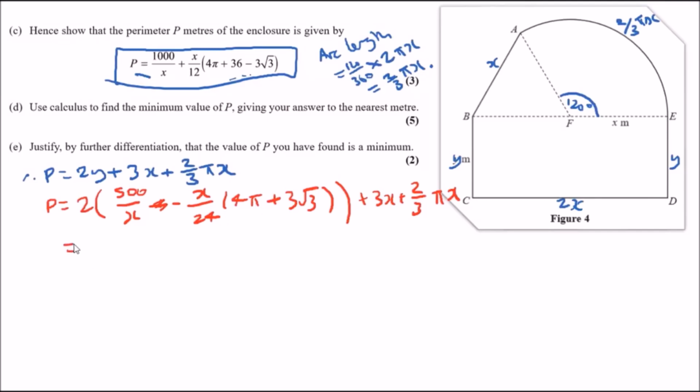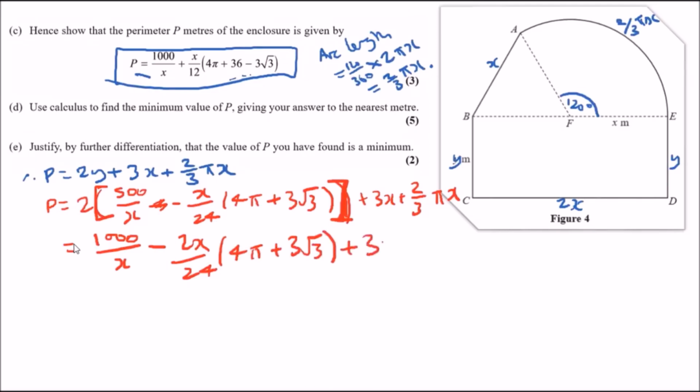Okay, so inside here, we're going to ignore this part. So expand the square bracket part. Let me change the square bracket not to mix this up. So we get 2 times 500 over x, so we get 1000 over x, minus 2 times these, 2x over 24. Copy the rest, plus 3x plus 2/3 pi x. Okay, so they probably want us to expand the right hand side.